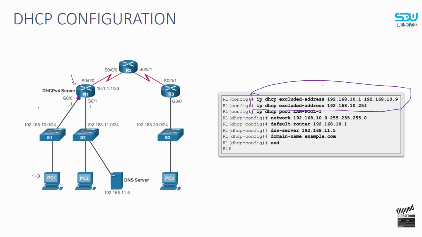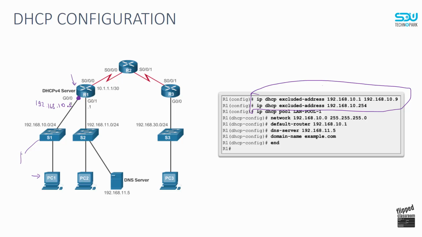Our own interface IP address is 192.168.10.1. If our router gives this IP address to any client, it will be a duplicated IP address and it will cause a problem in the network. Also, we can have some servers in the network.